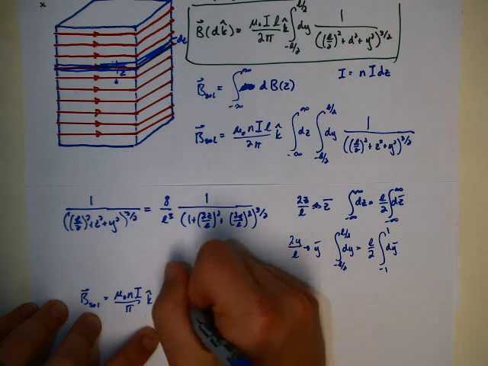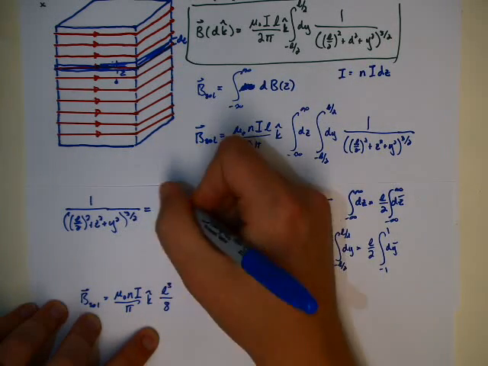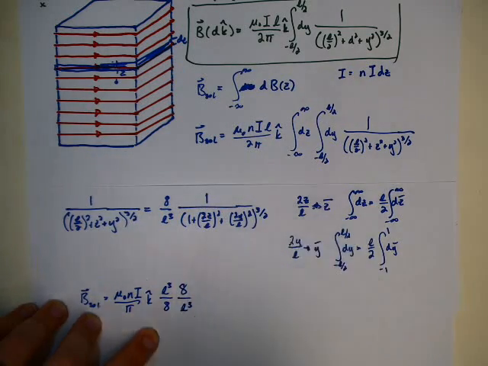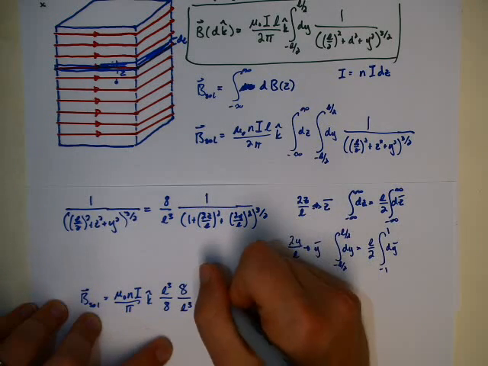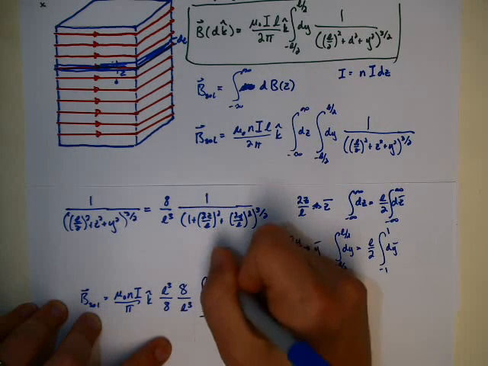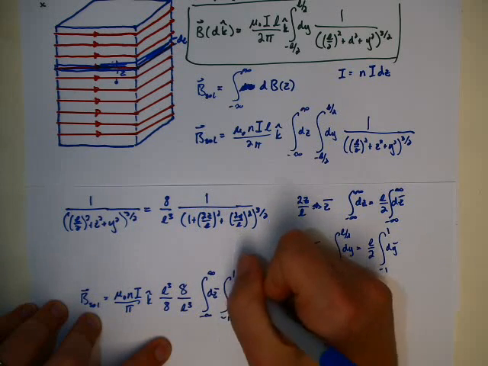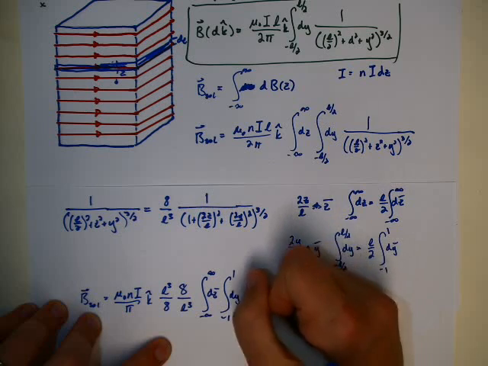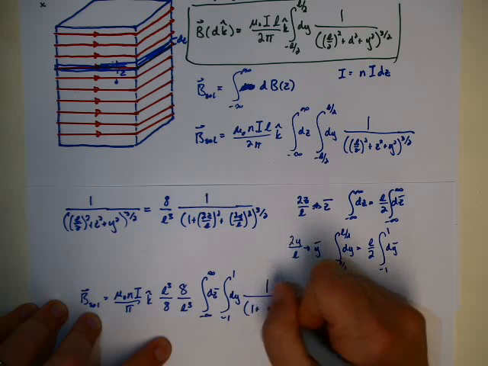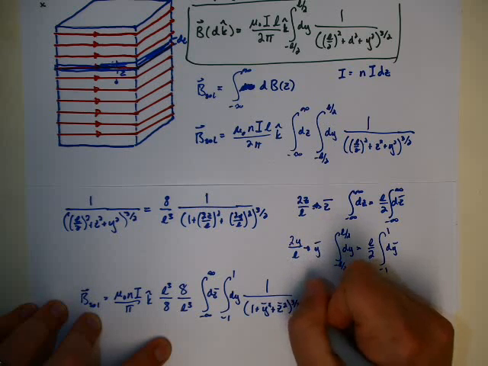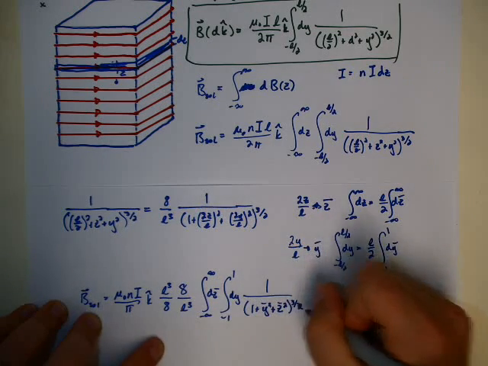So I get L cubed over 8 times this 8 over L cubed. Yay! It cancels out. Now, negative infinity to infinity dz bar, negative 1 to 1 dy bar, 1 over 1 plus y bar squared plus z bar squared to the 3 halves.